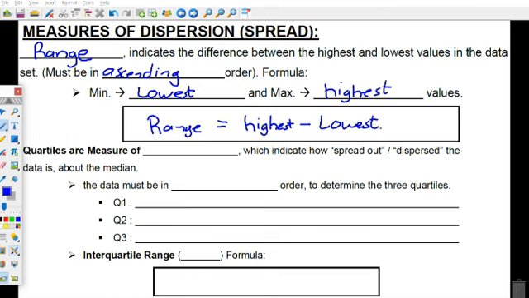Now we have a look here. Quartiles are measures of something. If I say a quartile, what does that word sound like? A quarter, exactly. So quartiles are splitting my data into how many portions? 4 portions, yes. So quartiles are measures of quarters.